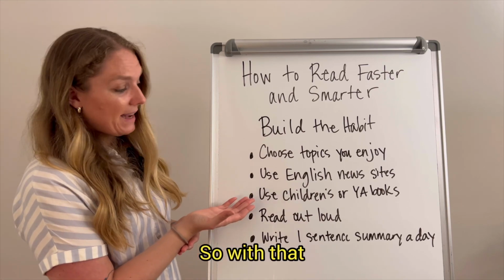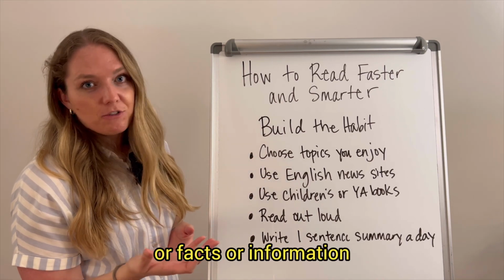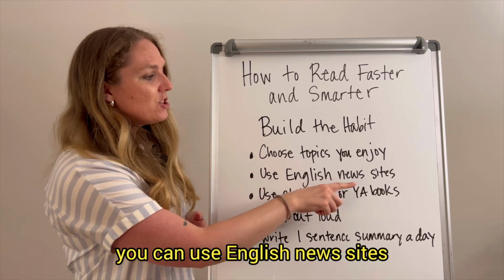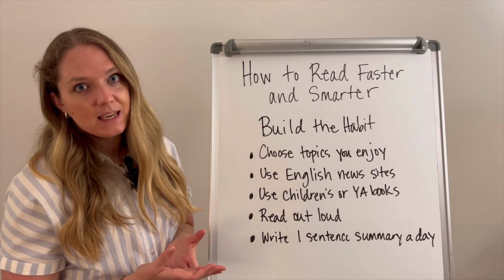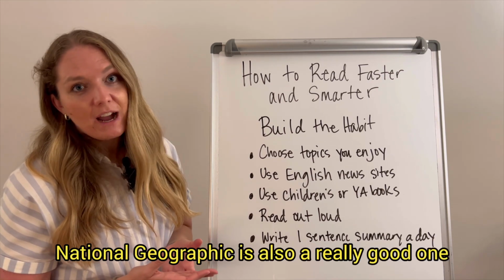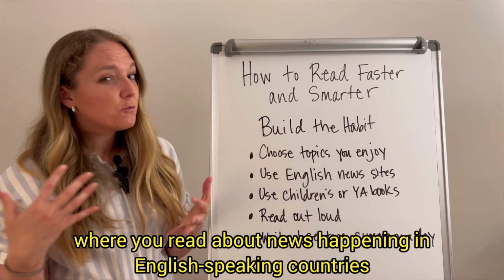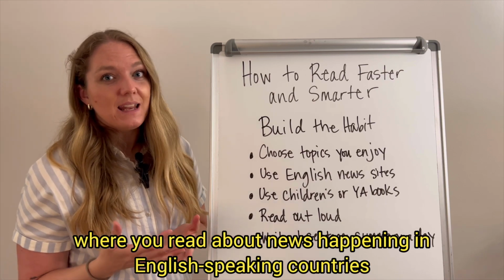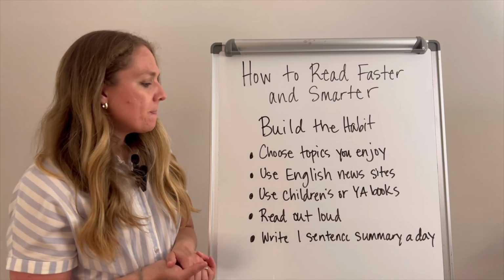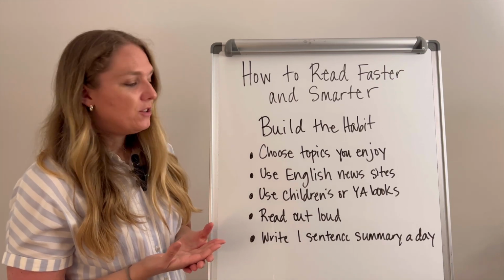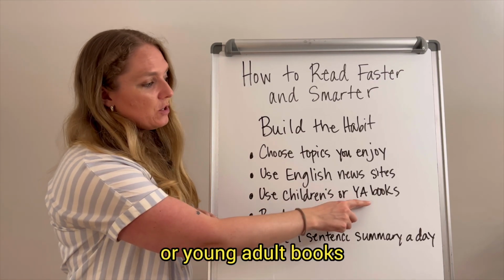So, for nonfiction or for news or facts or information, you can use English news websites like BBC, the New York Times, National Geographic is also a really good one. You can use English news sites where you read about news happening in English-speaking countries or even around the world, of course. And for fiction, actually nonfiction too, you can use children's or young adult books.